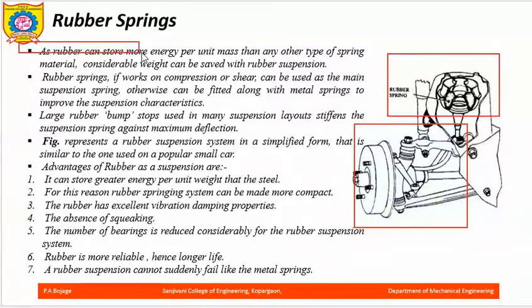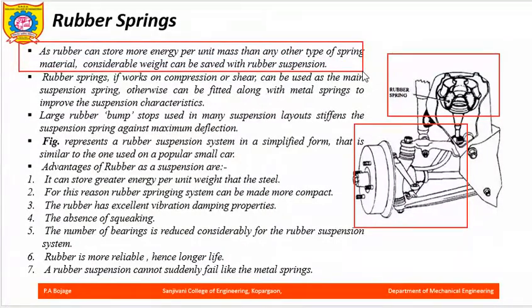As rubber can store more energy per unit mass than any other type of spring material, considerable weight can be saved in the suspension system. So rubber can handle more weight as compared to a coil spring or a leaf spring.